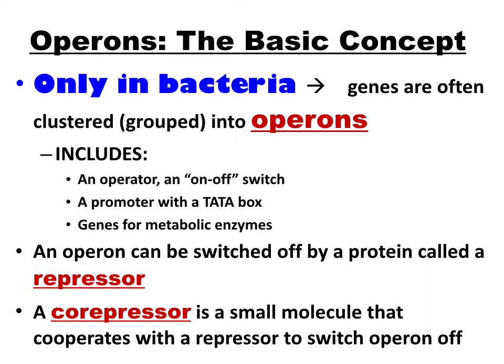A lot of these have similar functions to what we've talked about before, but they might have slightly different names. One of the parts that's really important here is a protein called a repressor. And the repressor protein often binds to some other kind of molecule that can be called a co-repressor or sometimes an inducer, and we'll talk about the difference.